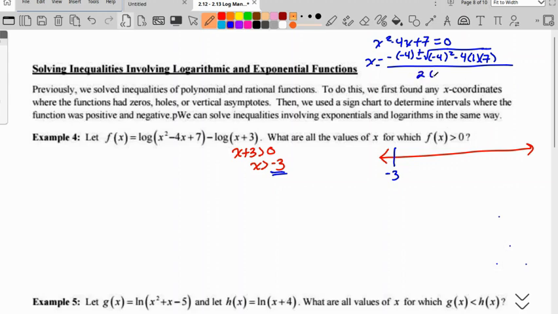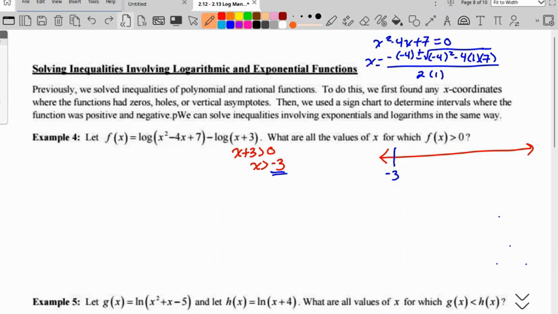Okay, if I just look at the discriminant, the number under the radical, I'm going to get 16 minus 28. 16 minus 28 is negative, which means it has no real solutions. You're right, that would be imaginary, but what that means is that there are no real solutions to where x squared minus 4x plus 7 equals 0, okay?